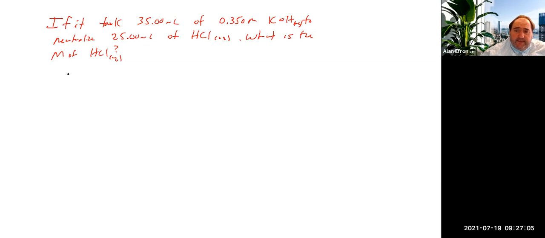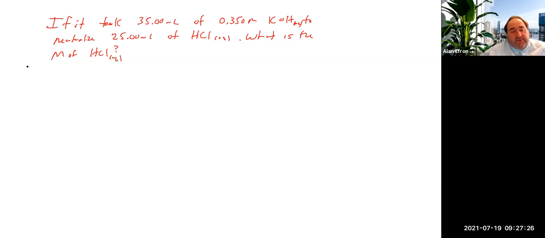To end here, let's take a look and see how we're doing. This is another way a titration problem, or solution stoichiometry problem, is sometimes worded. Here we took 35 milliliters of 0.35 molar KOH to neutralize 25 milliliters of HCl. What is the molarity of the HCl?